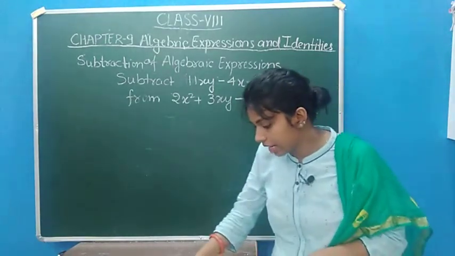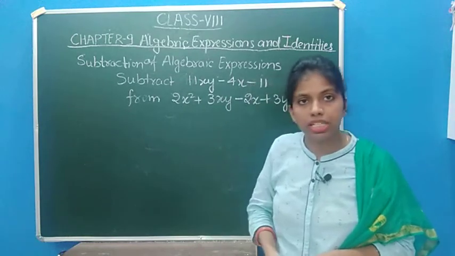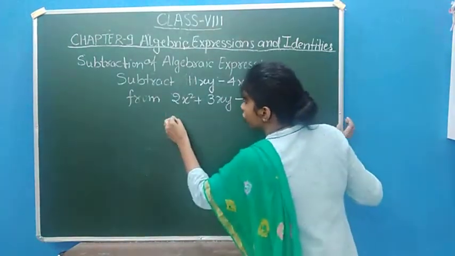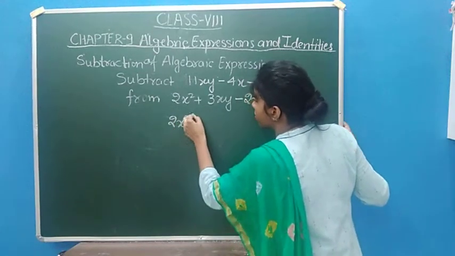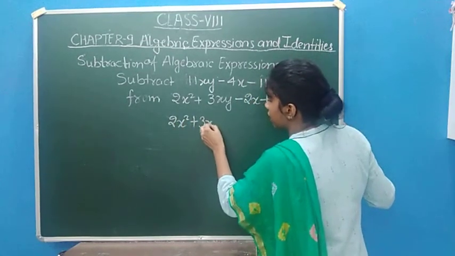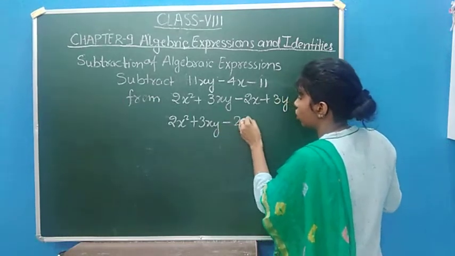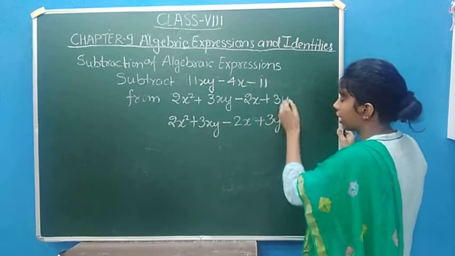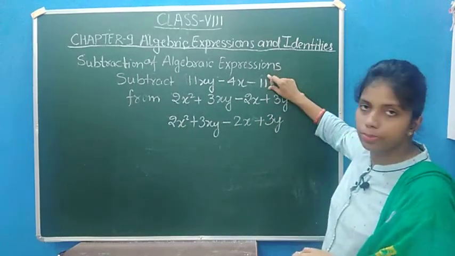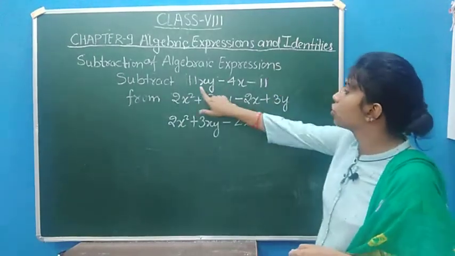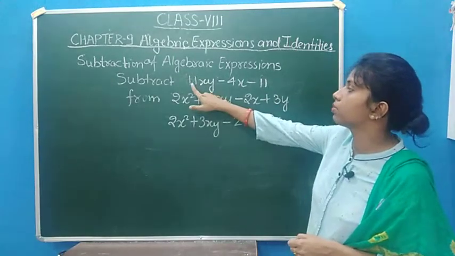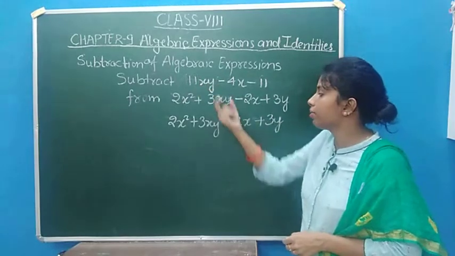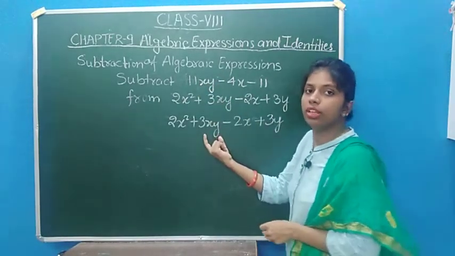So obviously we're going to write the first expression from which we have to subtract. So we're going to write 2x squared plus 3xy minus 2x plus 3y. After that we're going to write the expression which we have to subtract. The first term of this expression is plus 11xy, so we write it with the variable xy.